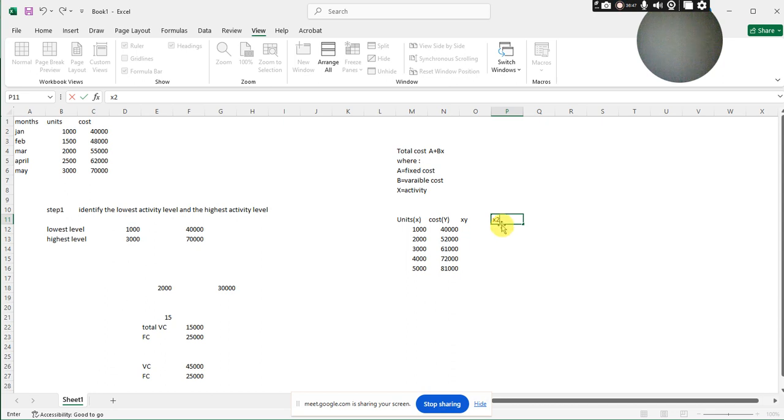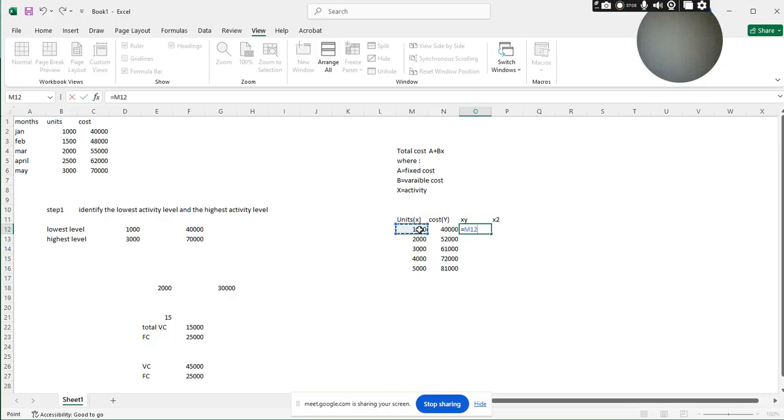Take these two to be x square, though the sign is not correct.